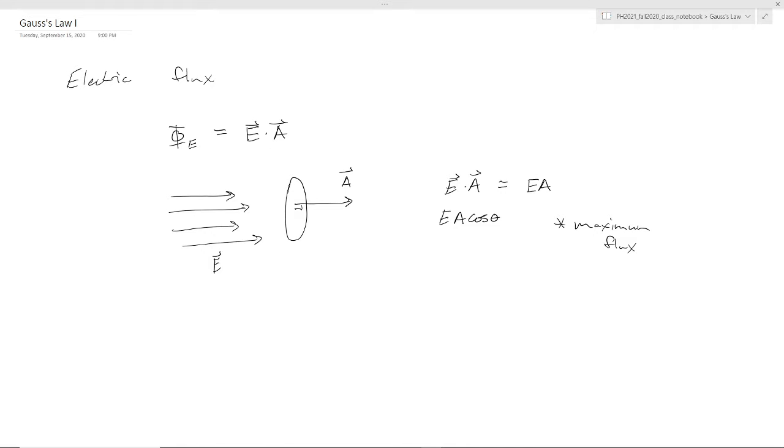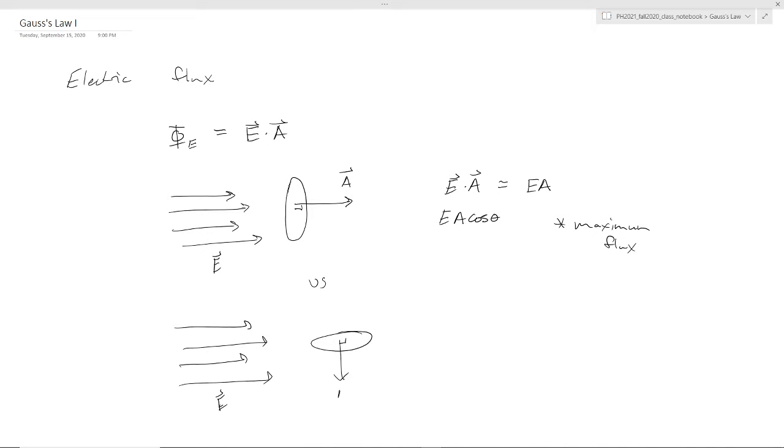To be distinguished from another situation, imagine it's the same deal. We have an electric field, but now we're going to tilt our disk so that it's pointing down.